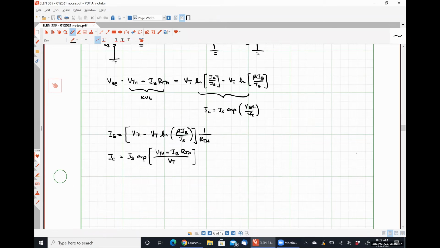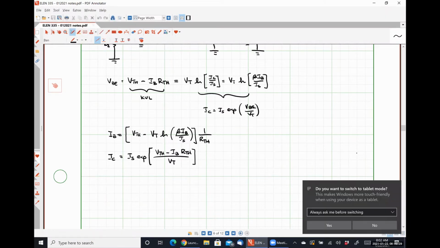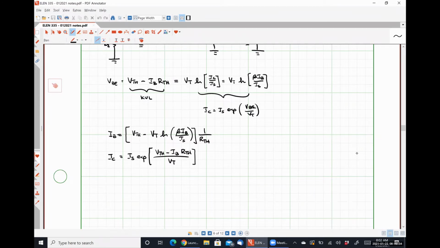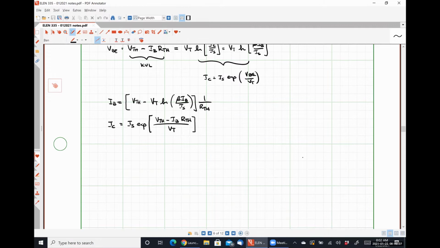Yes. So what I would like to do now is work an example problem, illustrating the process of determining the operating point of the circuit, and then showing that in this particular example the base current does not meet our specifications for being negligible.